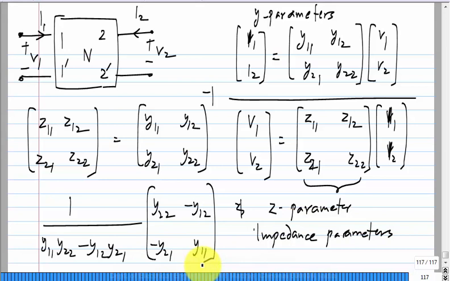So because calculations are convenient with one or the other, you should also be able to move between parameter sets. And these relationships, once you figure them out, you can keep a lookup table and then look them up, and you can always rework them if necessary. Okay.